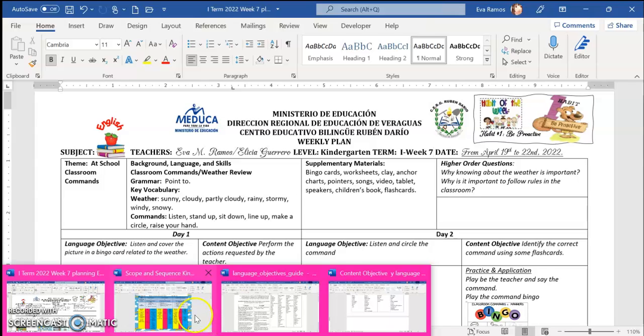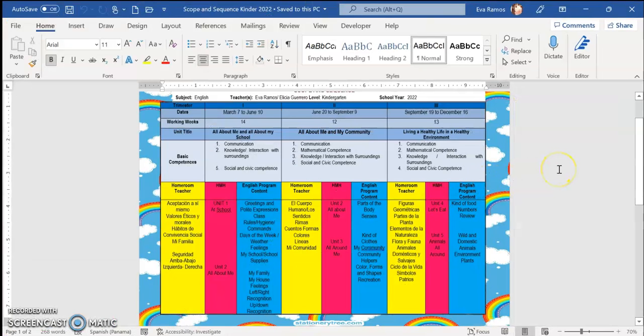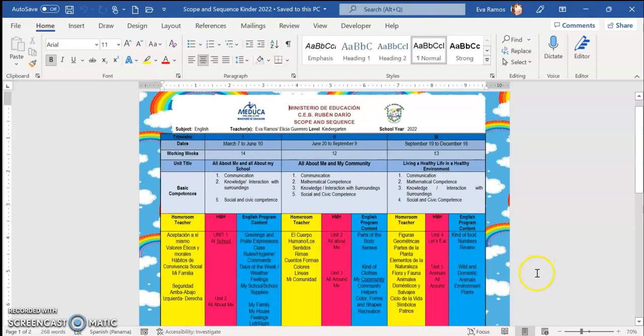One suggestion that seems that we have lost along the way, and that I consider crucial, is to have the big picture of our whole year when we are teaching elementary. And it's called scope and sequence, or what we call in Spanish dosificación.